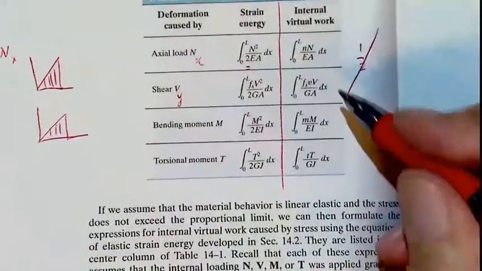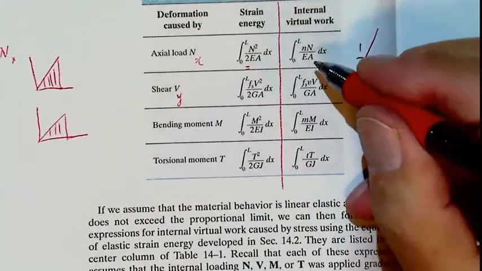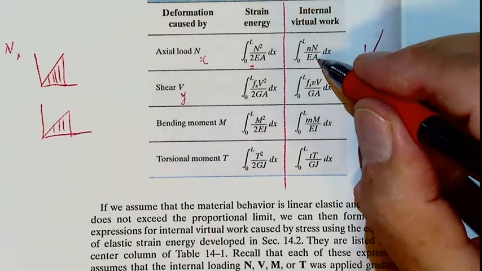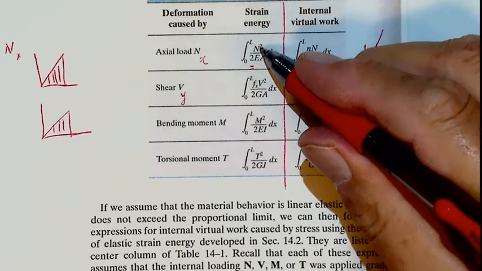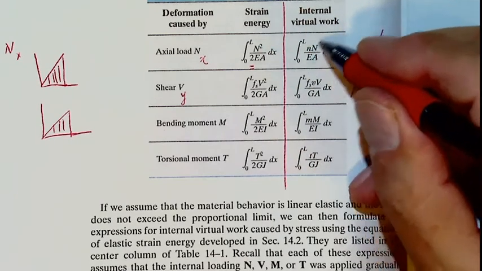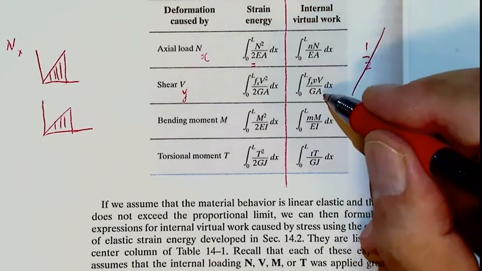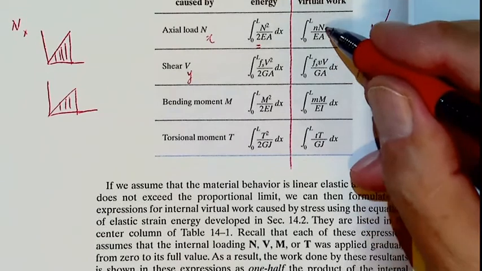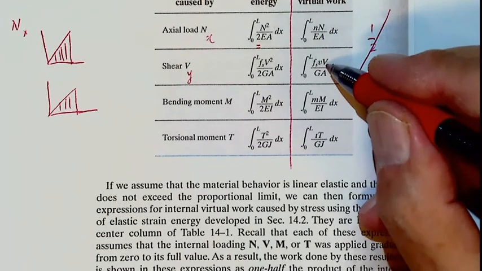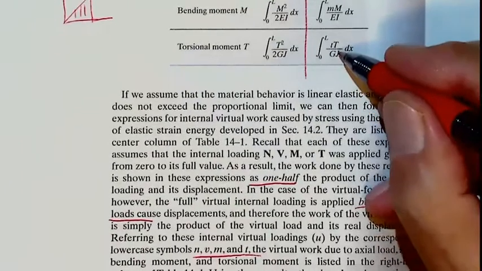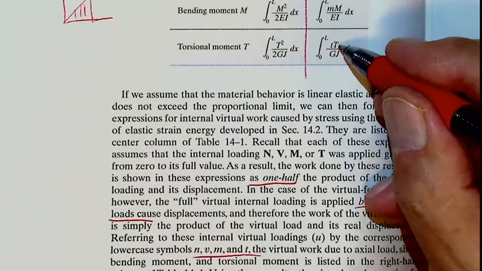So then, therefore, we get internal work equals not N squared, but n times N over AE. Instead of having N squared, this virtual expression is working on the real values of the inner forces. So that is an inner force, and that is also an inner force. That is the inner generalized force, bending moment, and the inner generalized force, which is torsional moment or torque.